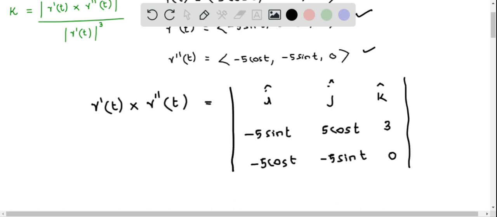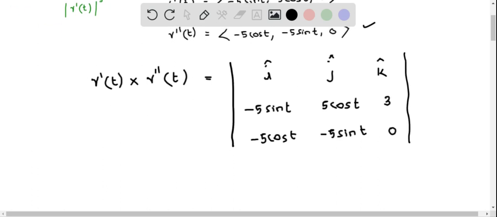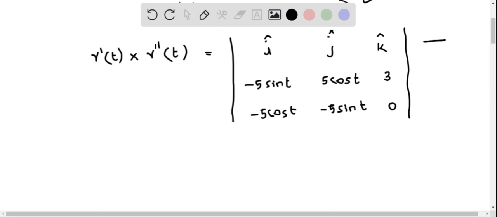We have to evaluate the determinant. I'm going to expand along the first row. First I put the i unit vector, and then I leave the row and column represented by i, so I get the 2 by 2 determinant: 5 cosine t, 3, negative 5 sine t, 0.